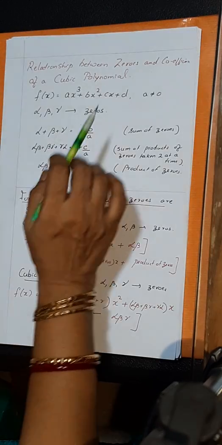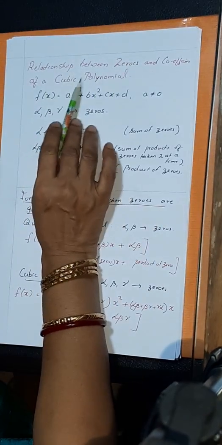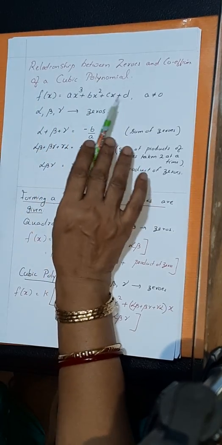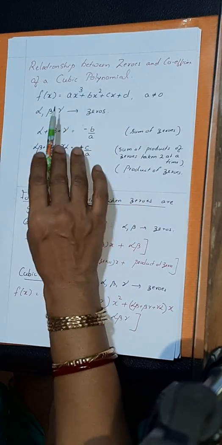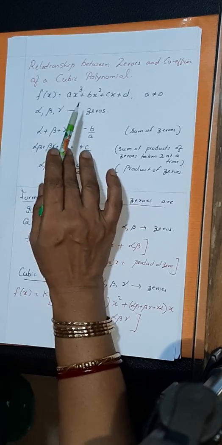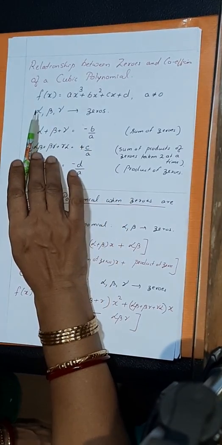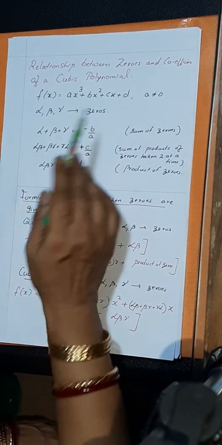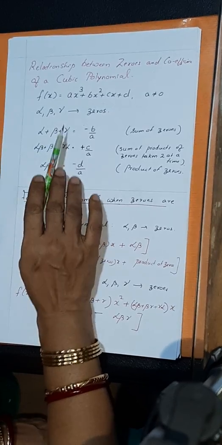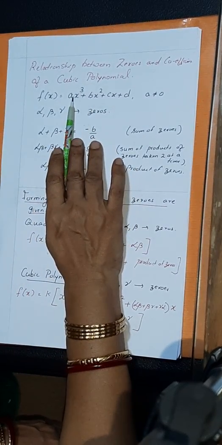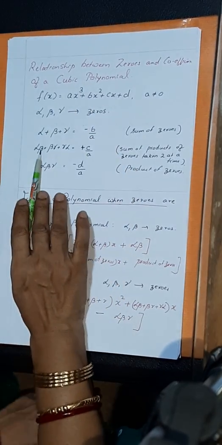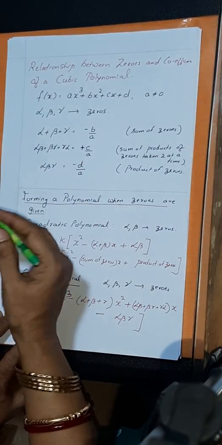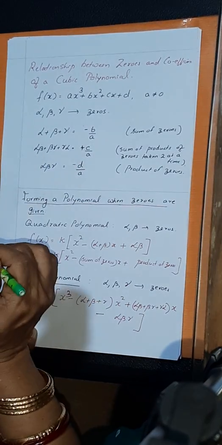Now the relationship between the zeros and coefficients of a cubic polynomial. So this is the cubic polynomial. Here we will have a maximum of 3 zeros. Let them be alpha, beta and gamma. So the sum of the zeros will be minus b by a. Then in quadratic we had the sum of the zeros and the product of the zeros.